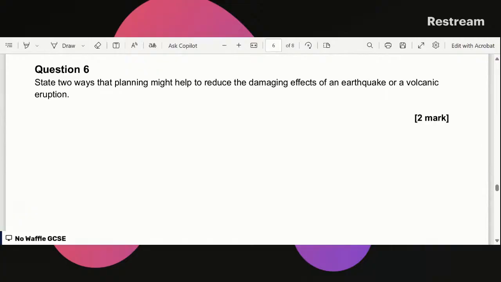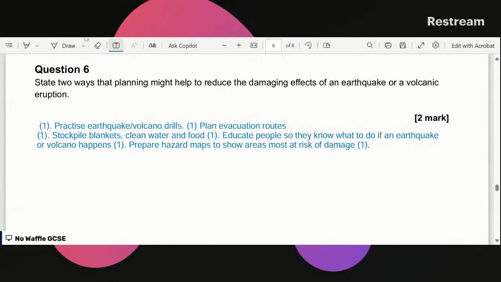So, things you can say is practicing earthquake or volcano drills, planning evacuation routes, having a stockpile of clean water and food, educating people so they know what to do if an earthquake happens, you know the exact procedure, and also preparing hazard maps to show where there'll be the highest risk of damage in what areas that you go to. So you want to go to areas that are away from really high buildings.